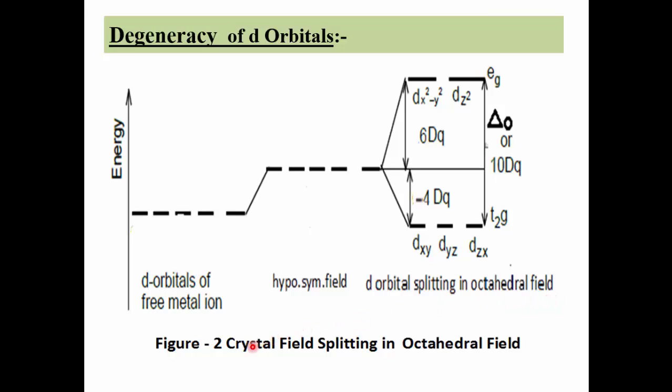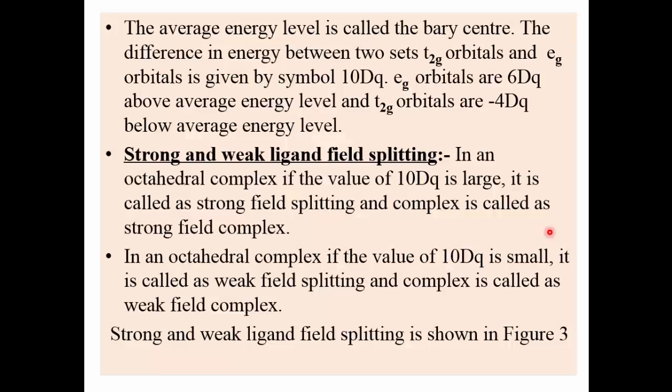So this is the d orbital splitting in an octahedral field. This diagram gives information about crystal field splitting in an octahedral field. Remember well, the energy of Eg orbitals dx square minus y square and dz square is increased by 6 Dq amount, while the energy of T2g orbitals dxy, dyz, dxz is decreased by minus 4 Dq amount. The total energy difference between Eg and T2g is 10 Dq.